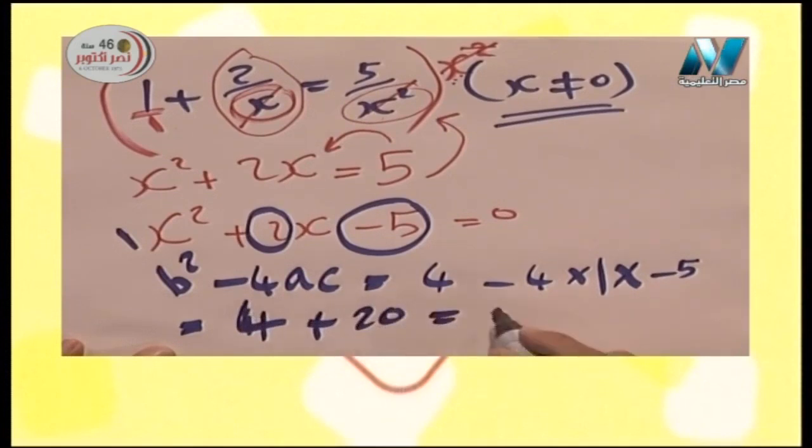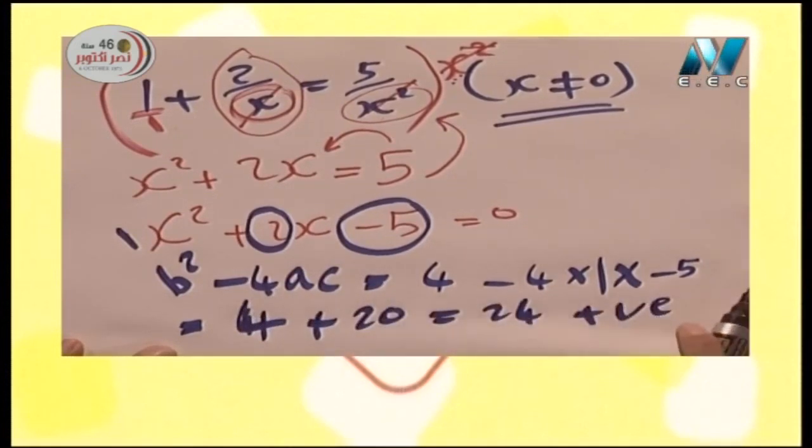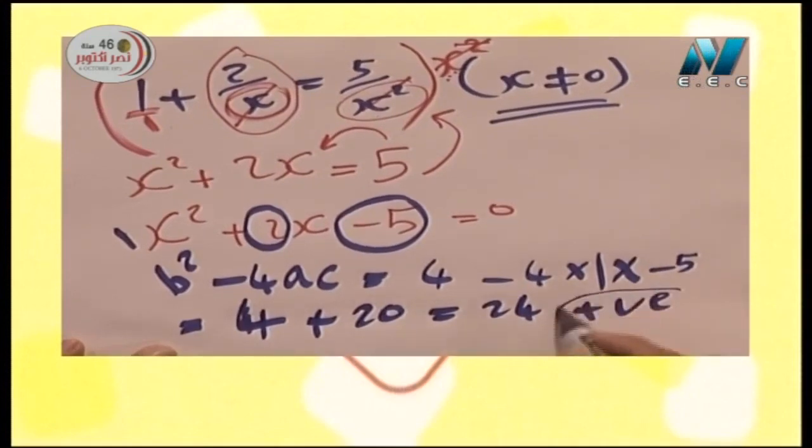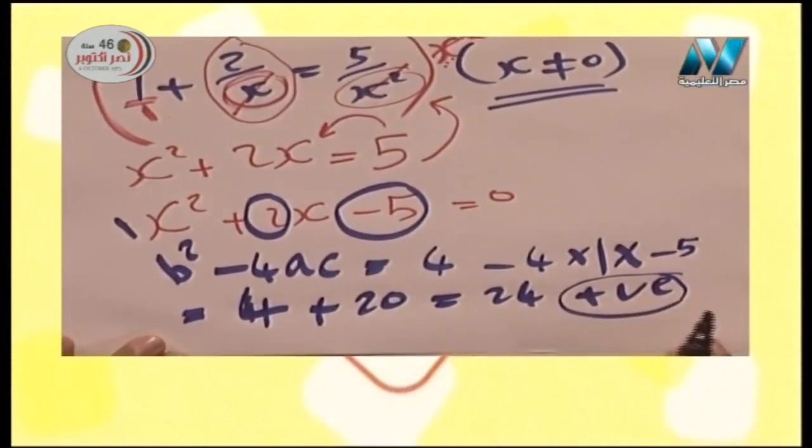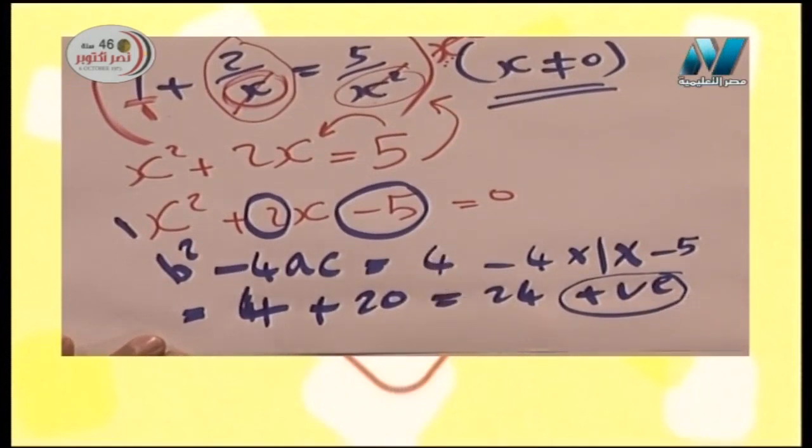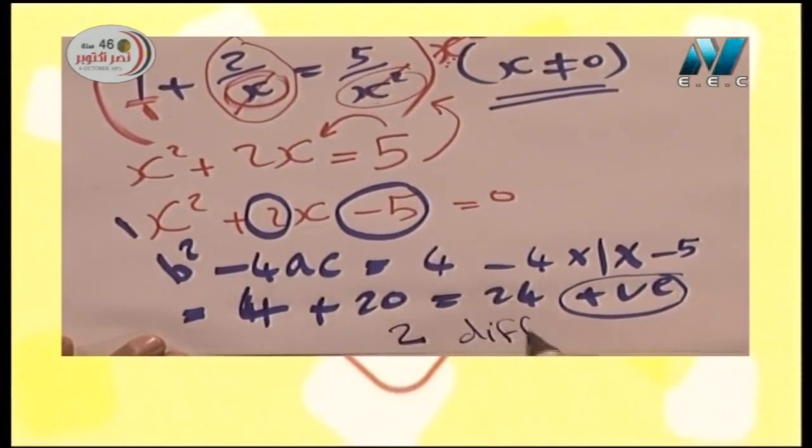The final answer will be 24, which is a positive number. And if we have a positive number, we know that this equation has two different real roots.